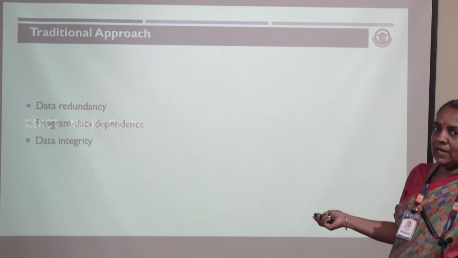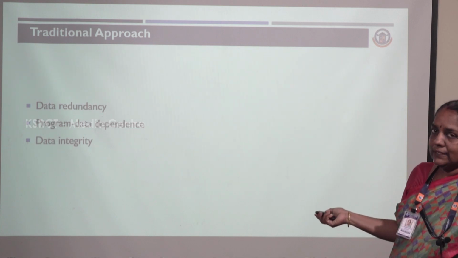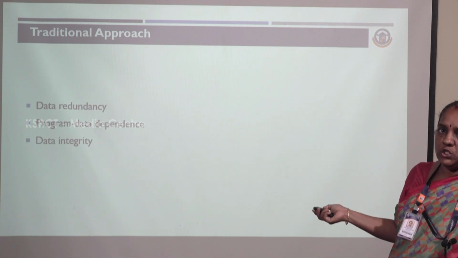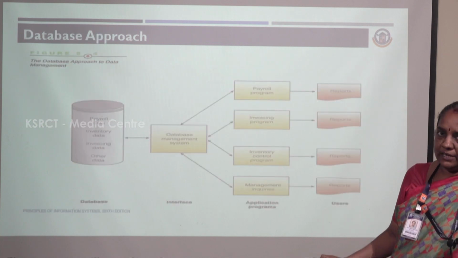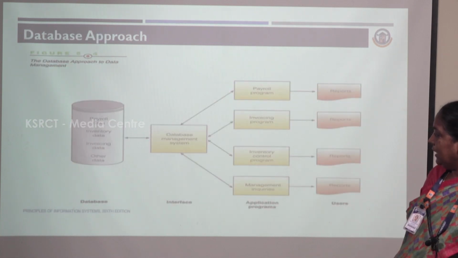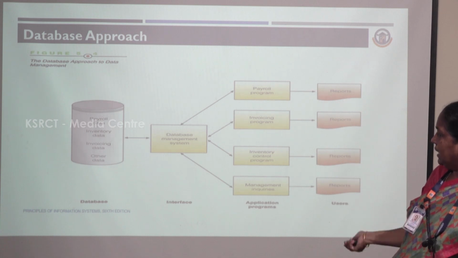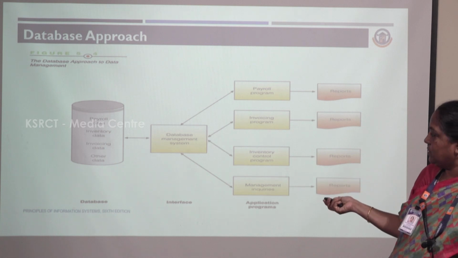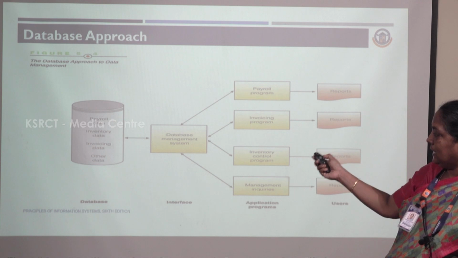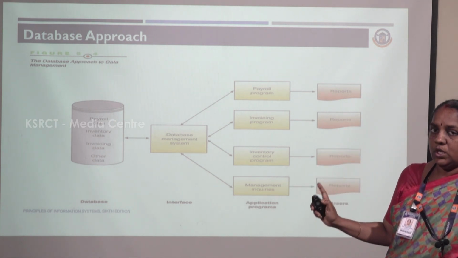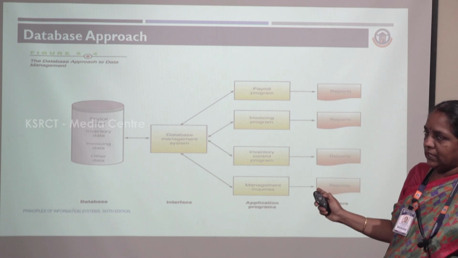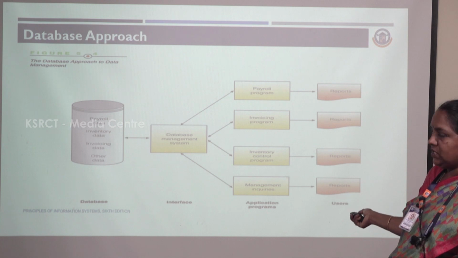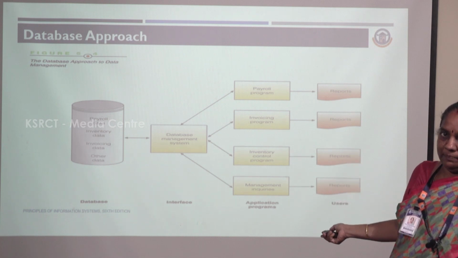Program data independence was not there, and data integrity was also a great question mark. All these issues have been solved in the recent database approaches. Here is the diagram of the database management system, where any number of applications can be linked to the management system, and the management system links to one particular database. In one database you can store all the data without repeating it, and the data can be retrieved by any number of applications according to their requirements.